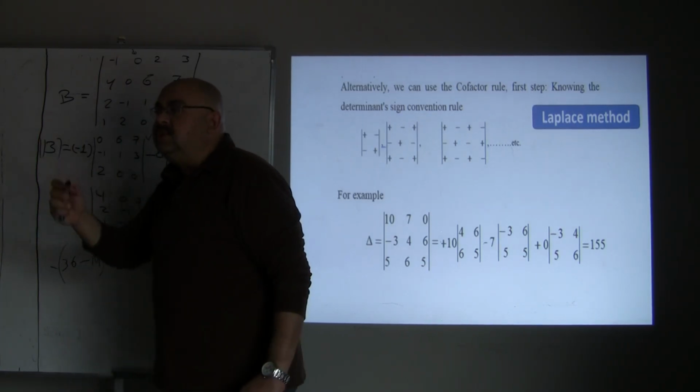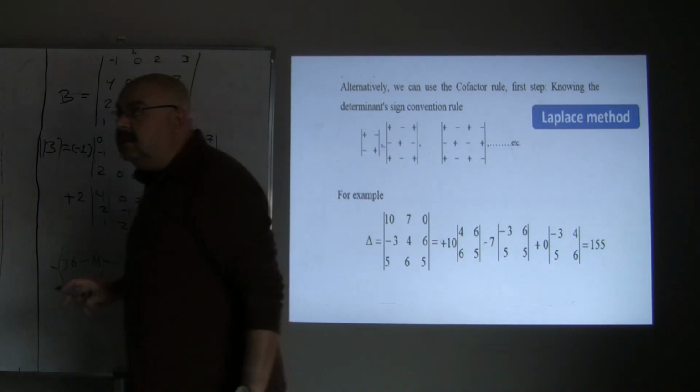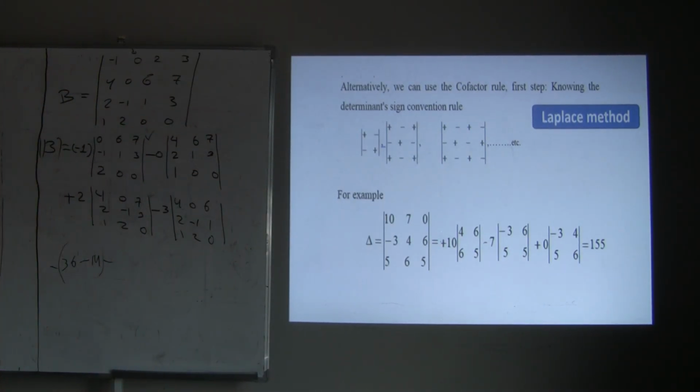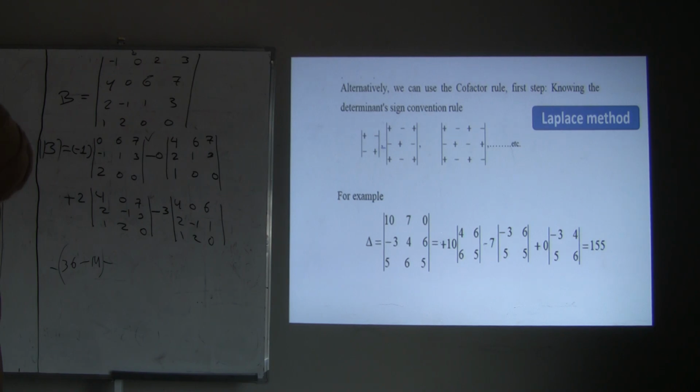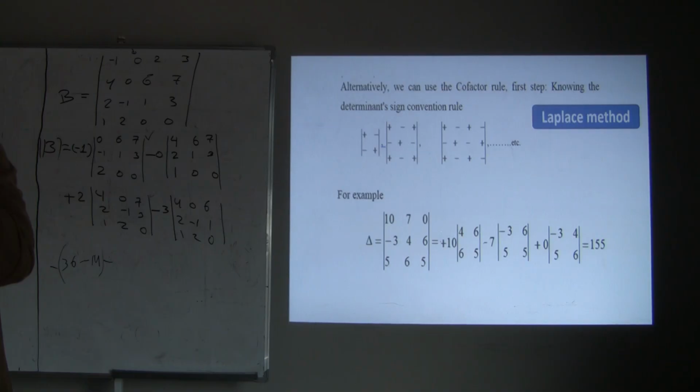I will repeat the sequence once more, with the second, with the third, and with the first. Do you read me? So if I have a 4 by 4, I will have 4 3 by 3 determinants. Can you imagine if you have a 5 by 5 determinant? It's going to be expanded into 5 4 by 4, and each one of the 4 by 4 will break down into 4 3 by 3.